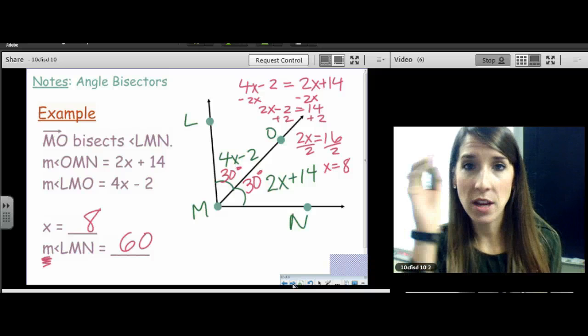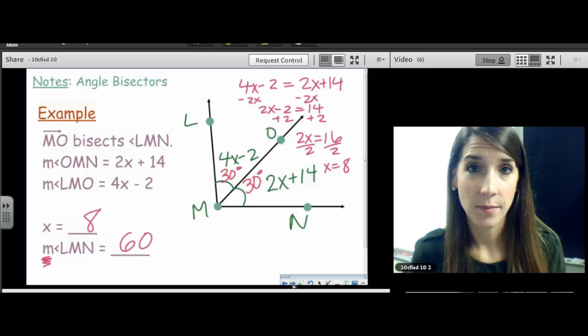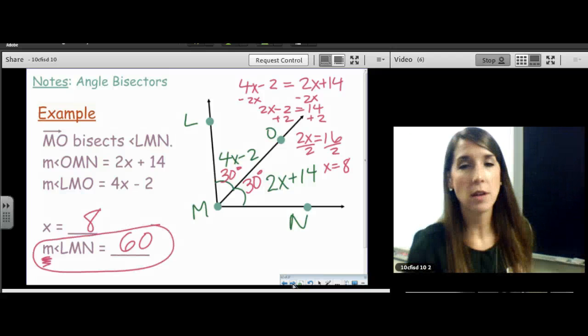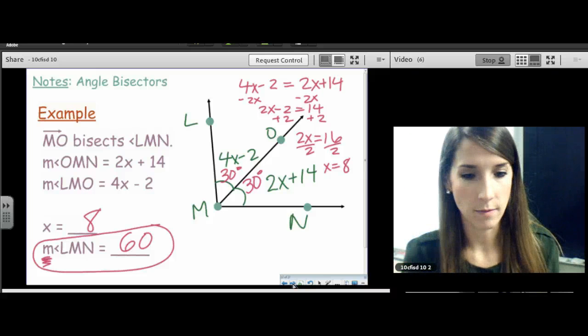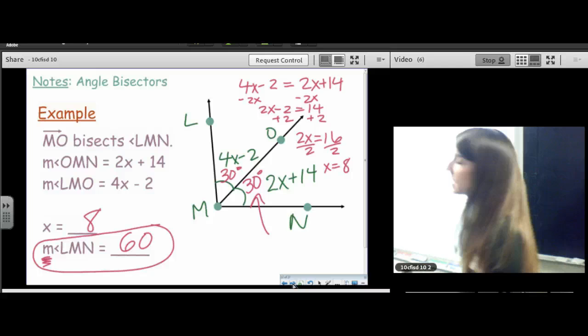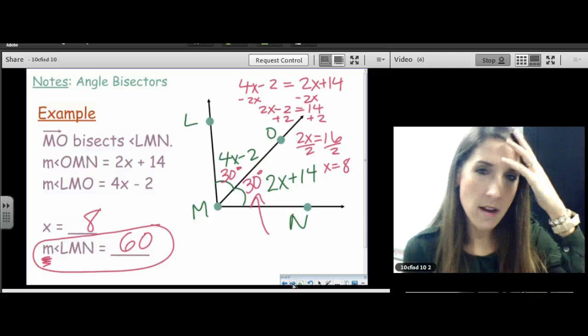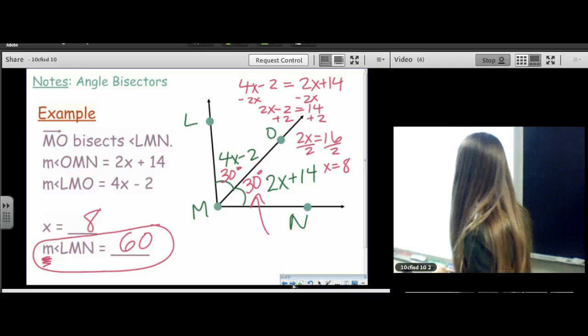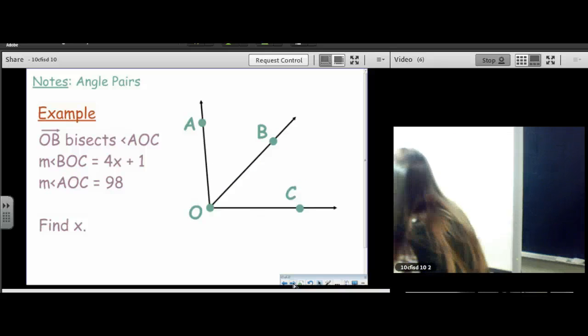So putting a degree symbol would be redundant. I do not put degree symbols if there's a little M there. On my picture, I did put degrees, but not when you're asking for the measure of an angle, because that's redundant.